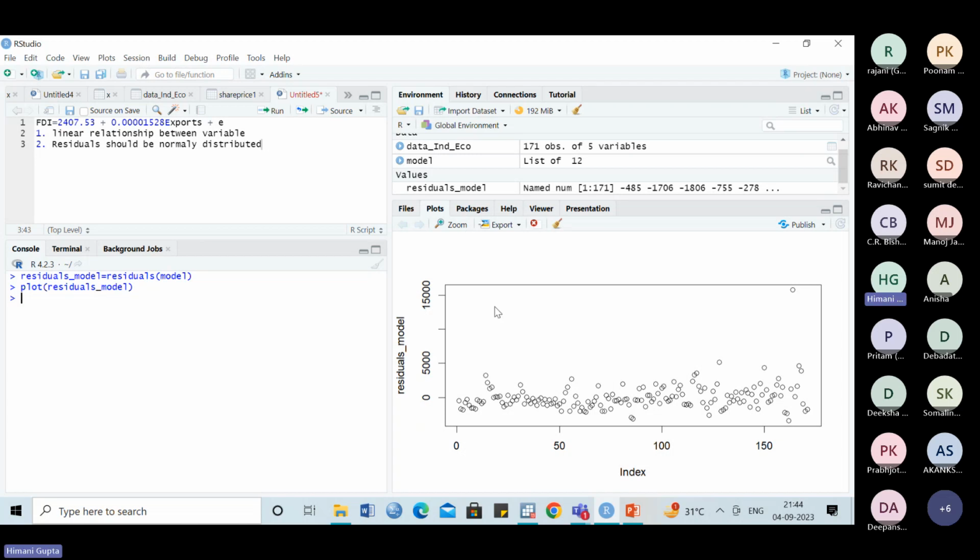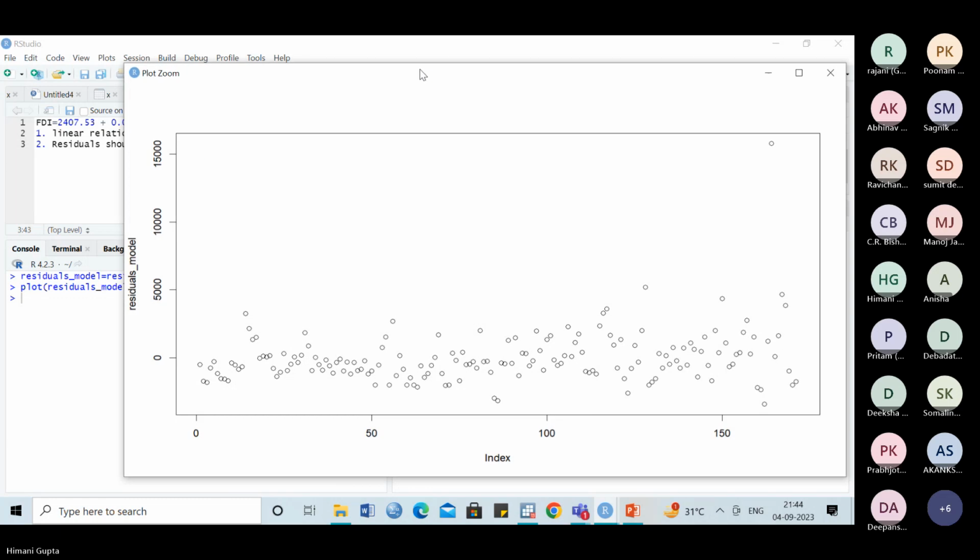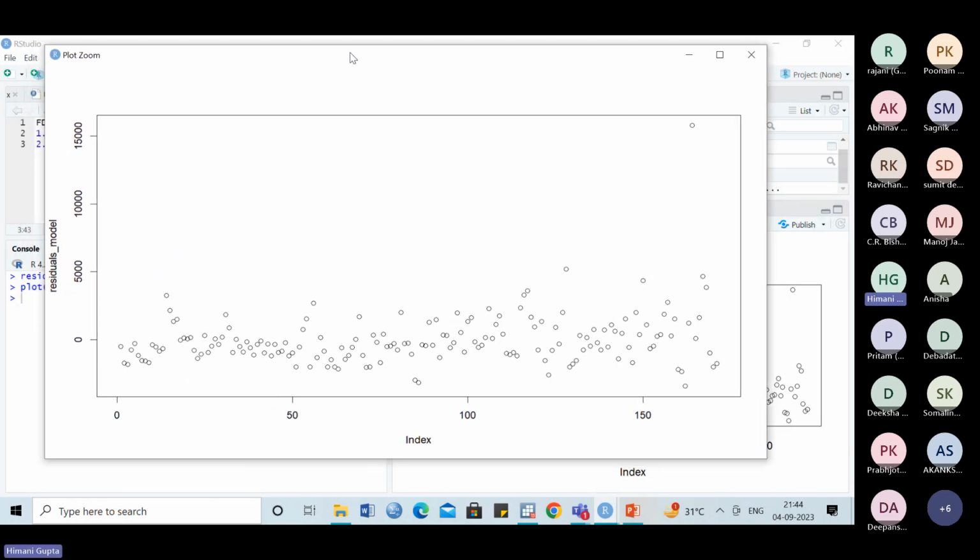Now, are you able to see this graph? Can you observe whether there is some straight line, some pattern or not? There is some pattern forming, no straight line is there. You will see the residuals are here, some here, some here, and one of the residuals is over here.